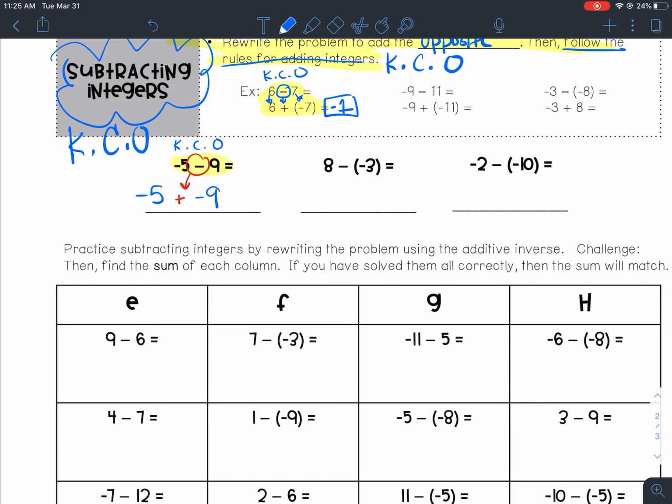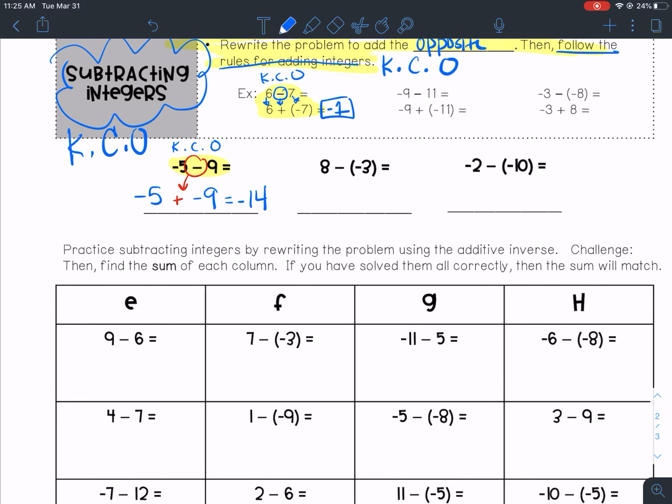So now I have a new problem. -5 plus -9. Same signs add. So 9 plus 5, that gives me 14. Same signs add and keep the sign. So it stays negative.